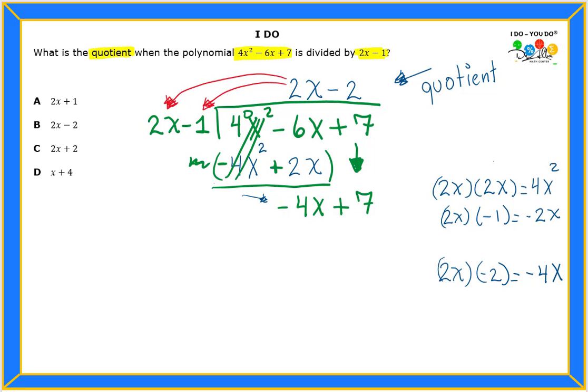So I got to multiply 2x times negative 2, which is right here already, right? And that's going to give me a negative 4x. And now I am going to need to multiply negative 1 times the negative 2. And that's going to give me a positive 2. I'm going to write down right here, plus 2.